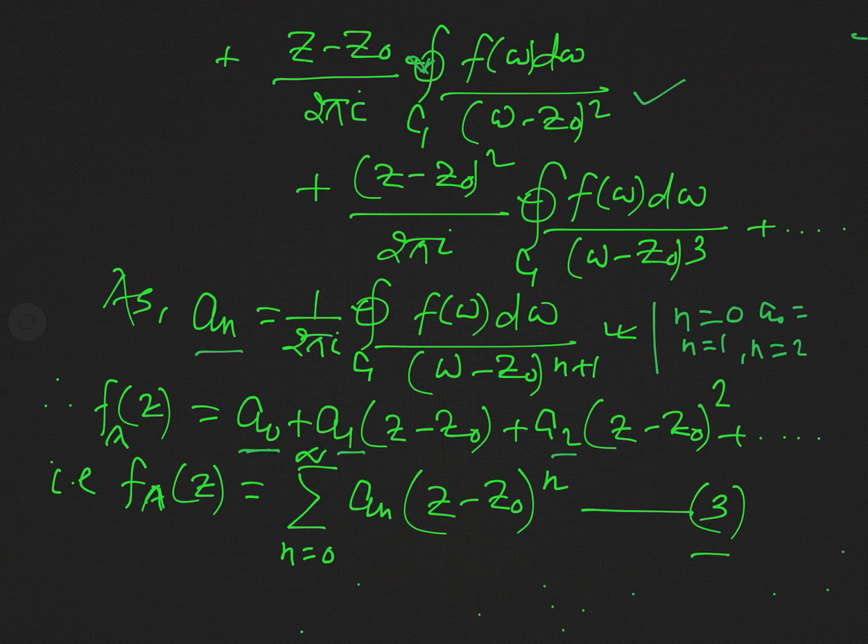If you put n equal to 2, you will get the third term. In this way, this series may be written in compact form like this. So you have seen how I have evaluated the first part of the integral, that is the analytic part. Fa of z is the analytic part of that series.